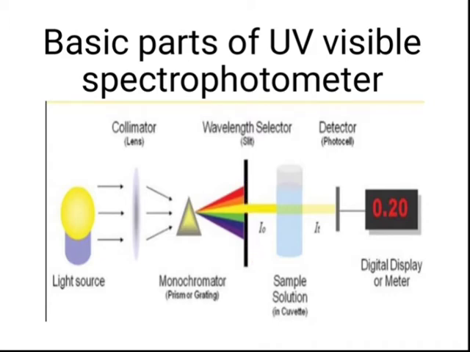After that, the incident radiation is I0. This I0 passes on the sample solution. This is a tube or the cuvette. A cuvette is made up of quartz material specially for the ultraviolet visible region, which is useful in the UV visible spectrophotometer. The intensity of incident light is I0, which passes through the solution.